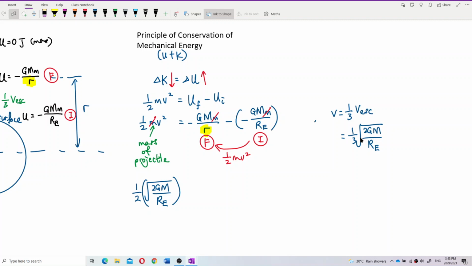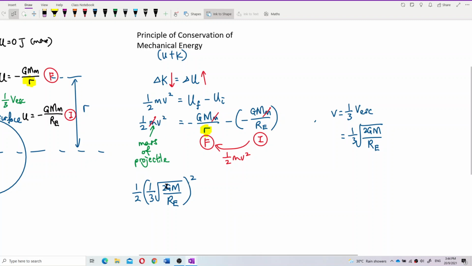Oh sorry, 1/3. I missed out the 1/3. Remember, the speed is not the escape speed. The speed is just 1/3 of the escape speed, and it has a square, v square.